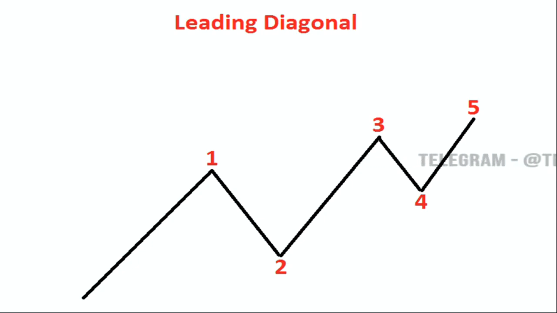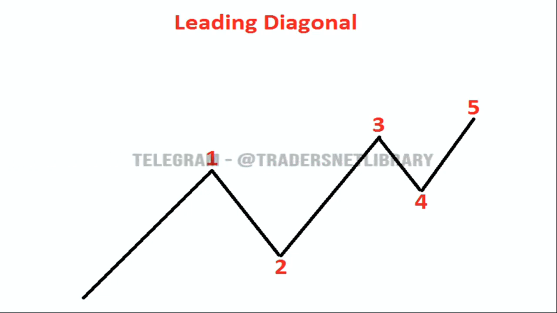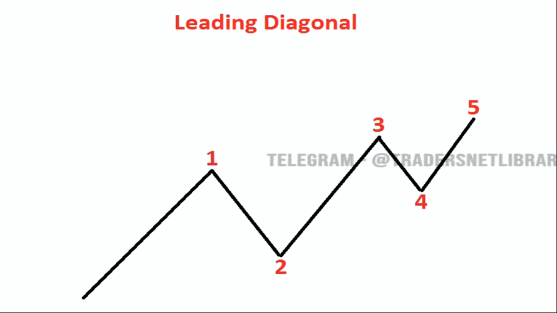This pattern can be formed in wave 1 of rally 5 of the impulse wave, or in wave A of an ABC correction structure. If this pattern occurs in wave 1, wave 3, which is formed after it, is usually extended.